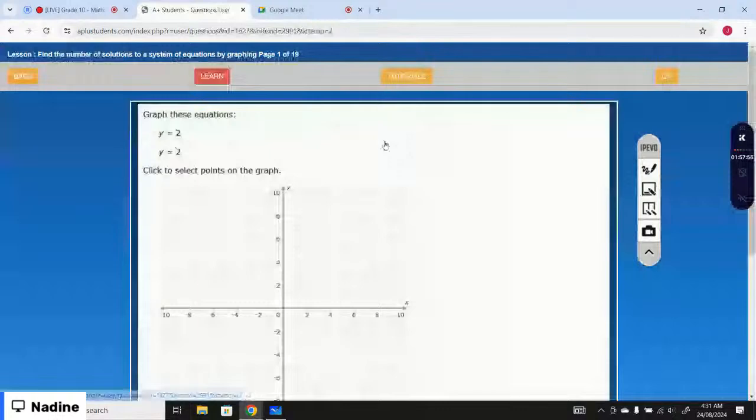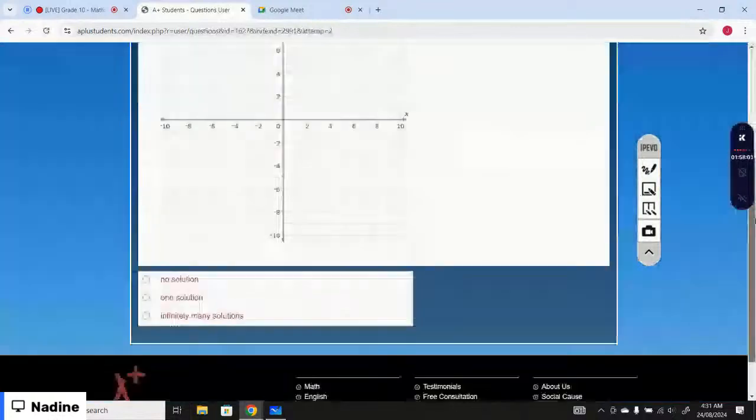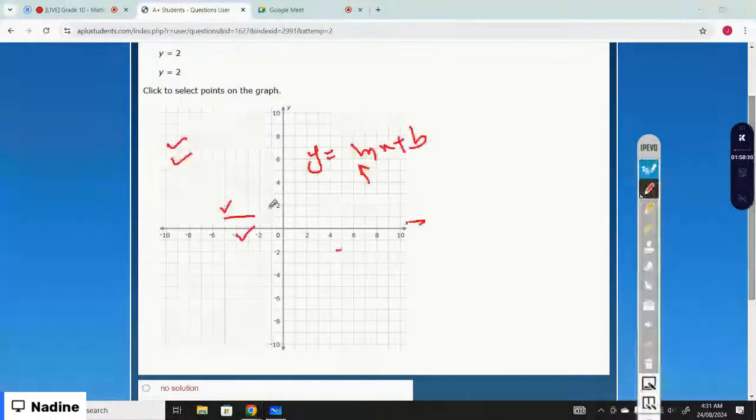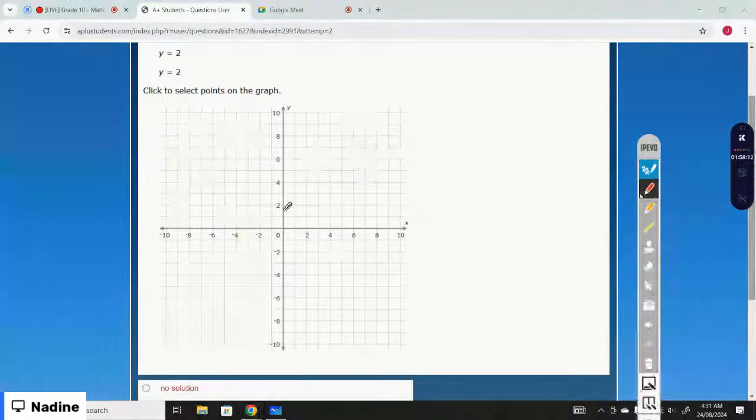Let me start with the test questions. Graph these equations. Y equals, that means you need to make a graph of y equals, here it is. Y equals looks like this, right?